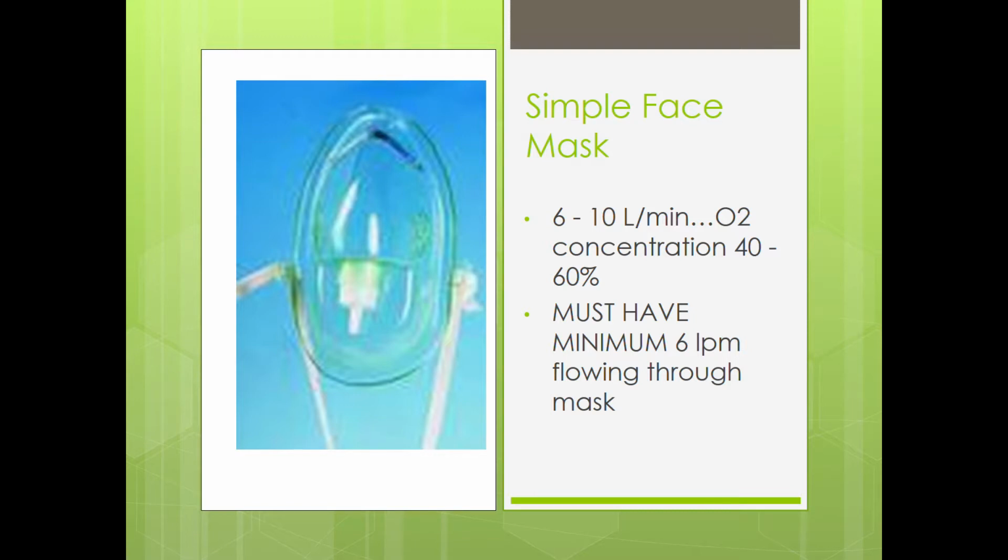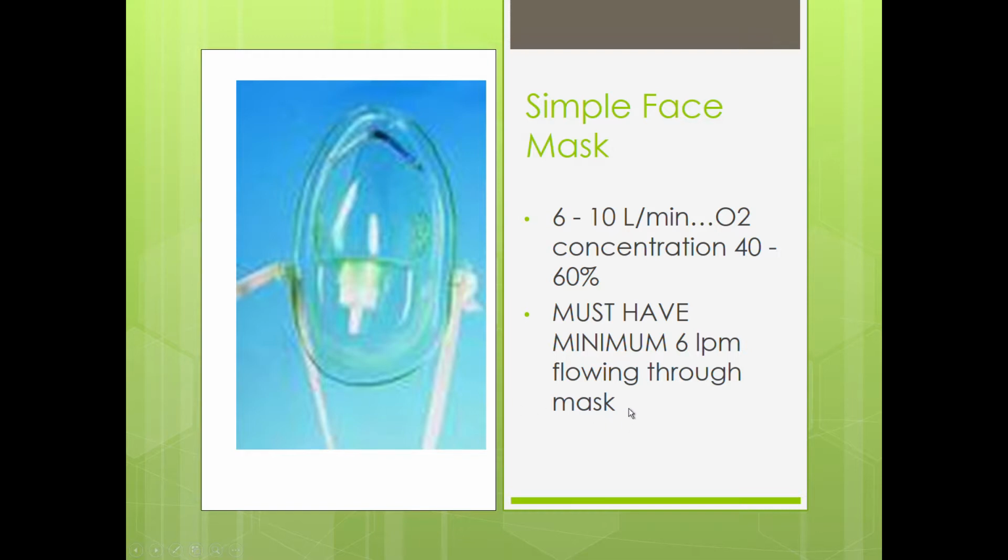So here is an example of a simple face mask. It is typically for 6 to 10 liters per minute, and it can manage an oxygen concentration of 40 to 60%. They call it a simple mask because that's what it is, a simple mask. There's the elastic to go around the patient's face, and then see this white adapter here? This is what attaches to your oxygen tubing to take it to the oxygen outflow.